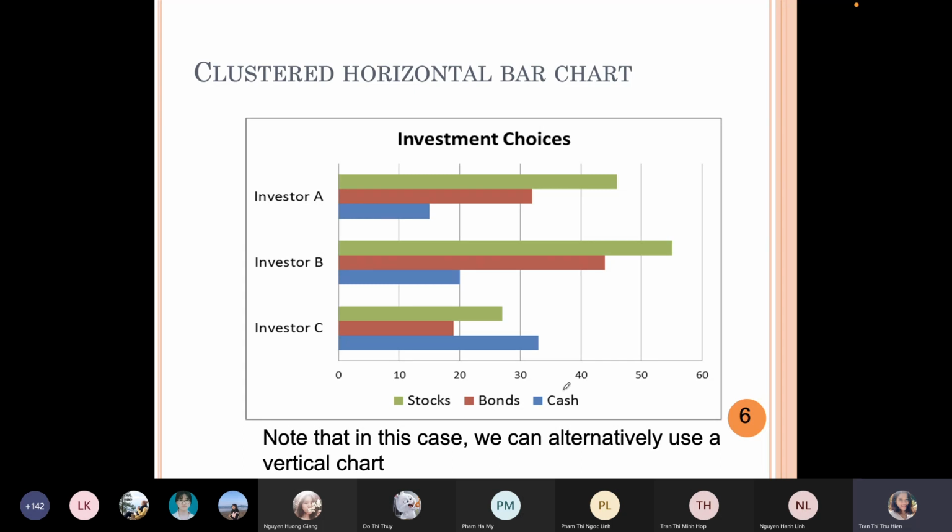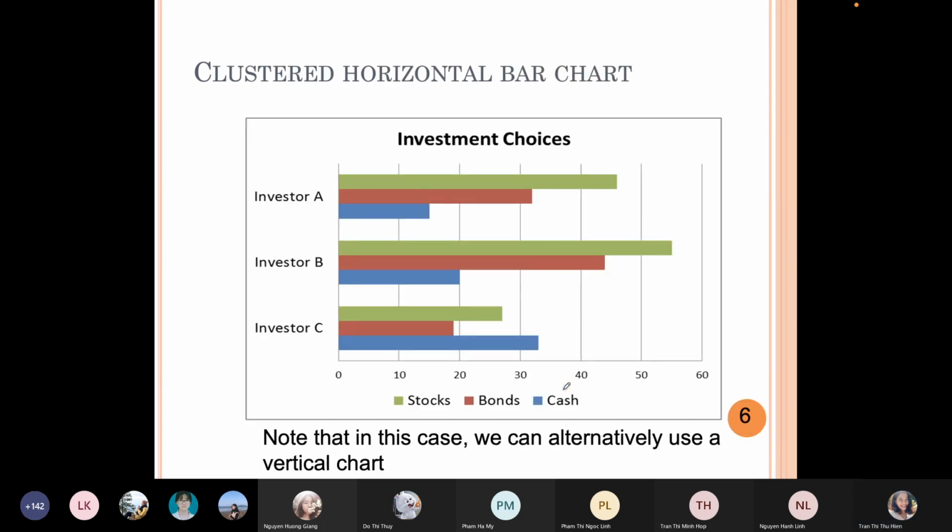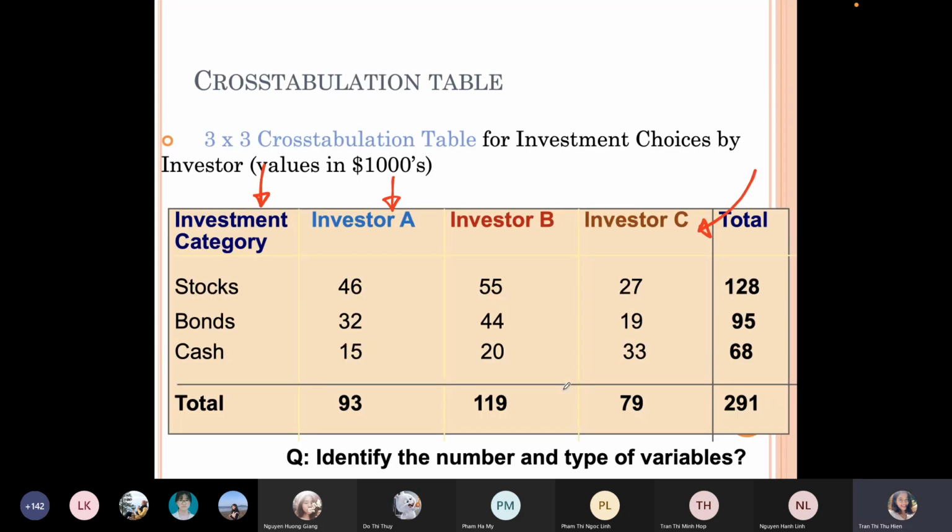Compared with the cross tabulation table, which one is easier for you to understand? Compare the clustered horizontal bar chart and the cross tabulation table. Which one is better for you to summarize the data? Cross tabulation. Actually, when you look at the cross tabulation table, it's very easy to know exactly how much: 46, 32, and 15.